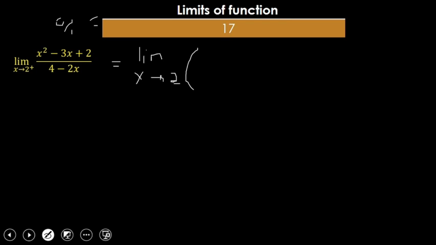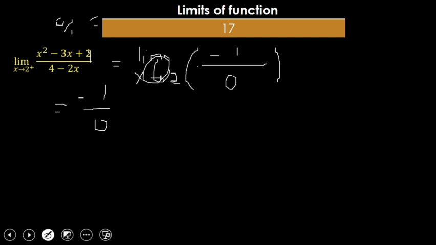Okay, this question had an error. Here is 1, because if you substitute we are going to have negative 1. Okay, that is the error. We have 4 minus 2x. Putting 2 here, 4 minus 2x is 0. Negative 1 on 0. We remove the limit since we have already substituted the value.